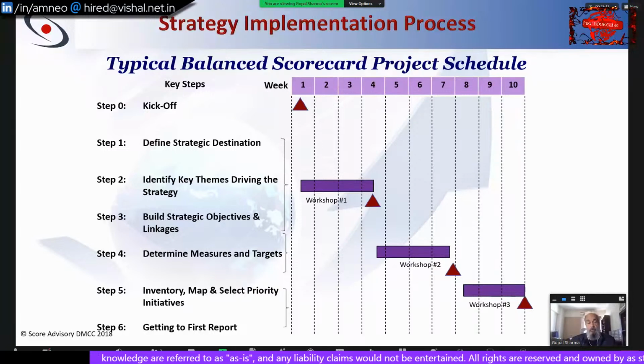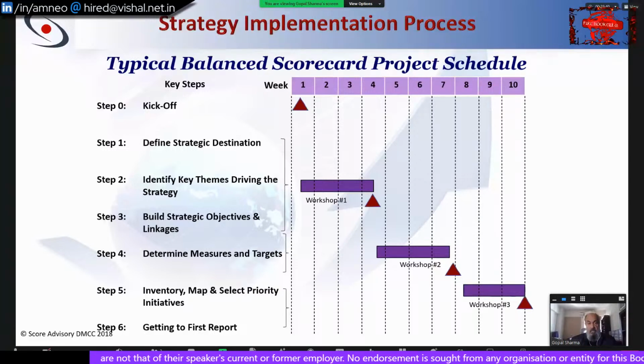So you take inputs from all of them, and then you develop those key objectives which will help you in achieving your vision or your long-term goals. And then based on those inputs, you develop some kind of a map which shows how you're going to achieve your objectives and the financial results.